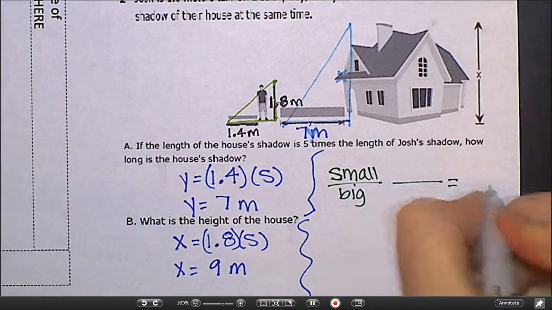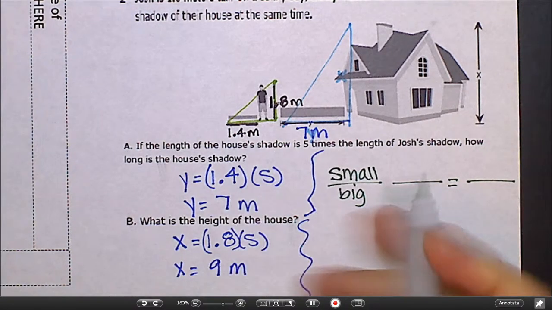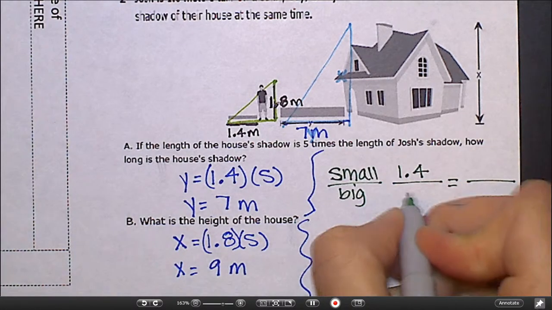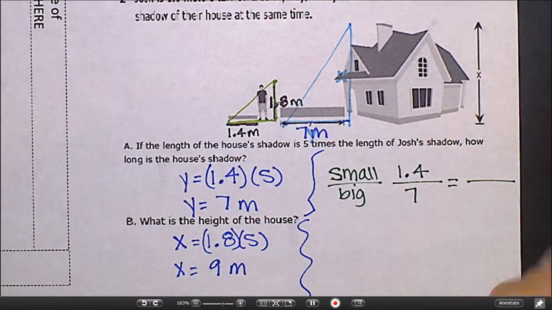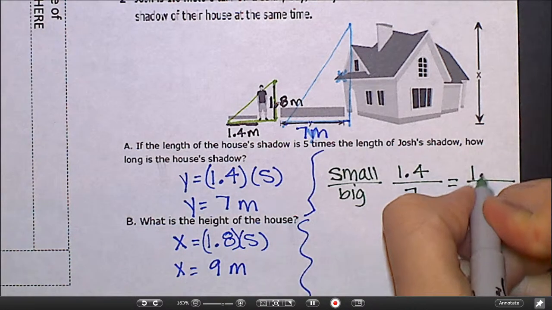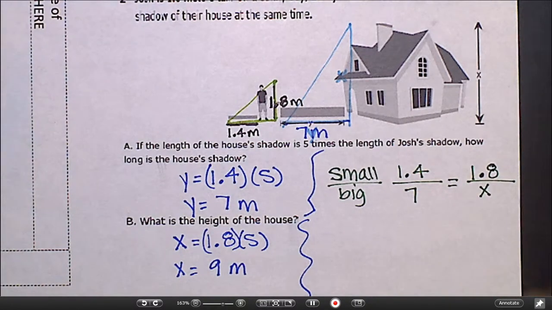So now I'm going to set up my proportion. Let's start with our shadows that we know. We know that the small shadow is 1.4 and the large shadow is 7. The small height is 1.8, that's Josh, and then the large height is x, that's the height of the house.